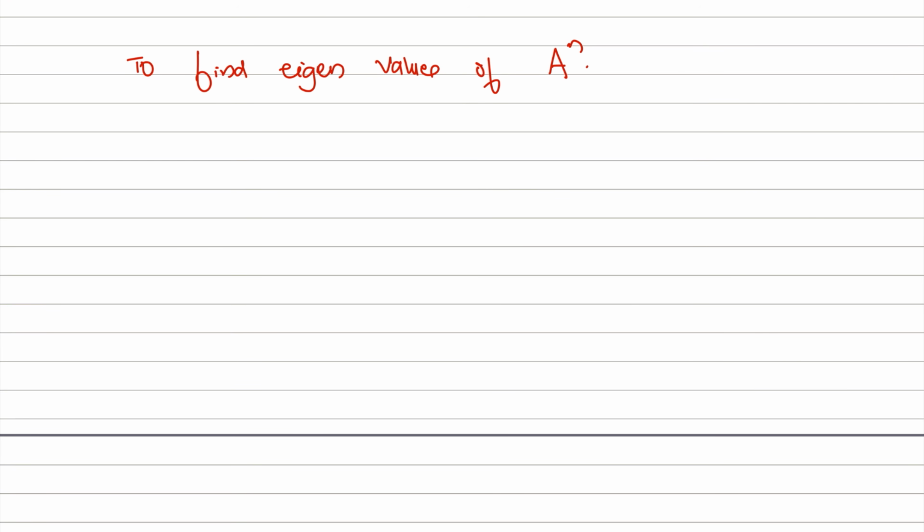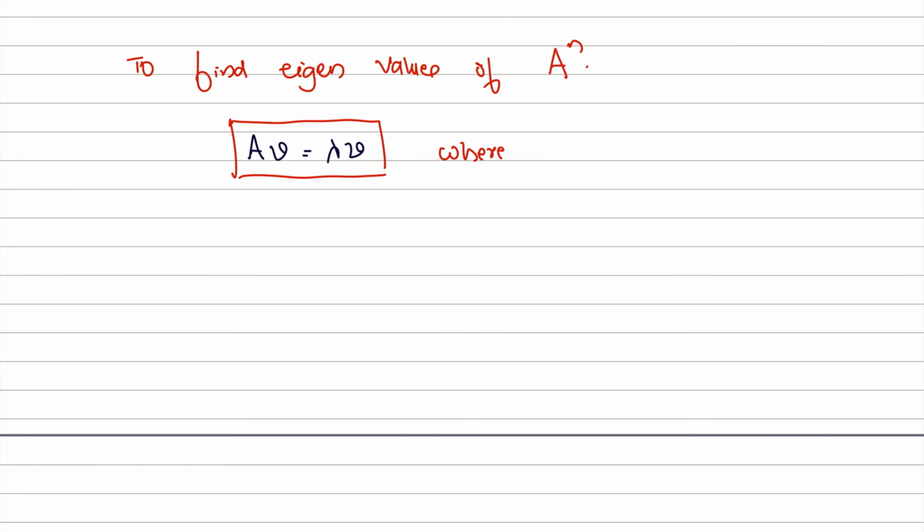When we say that there is an eigenvector, and it's not equal to 0, then if there is an eigenvector, for eigenvector definitions and other things, please refer to my previous lectures. If there is eigenvector V, then A into V is equal to lambda into V, where V is the eigenvector.